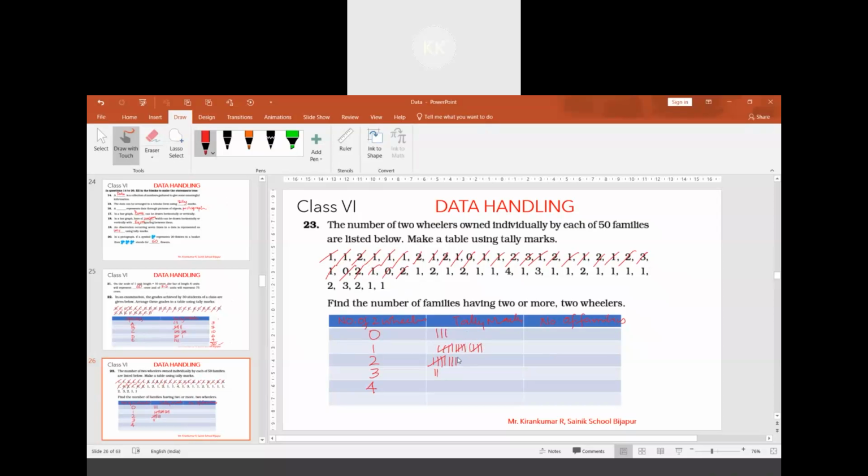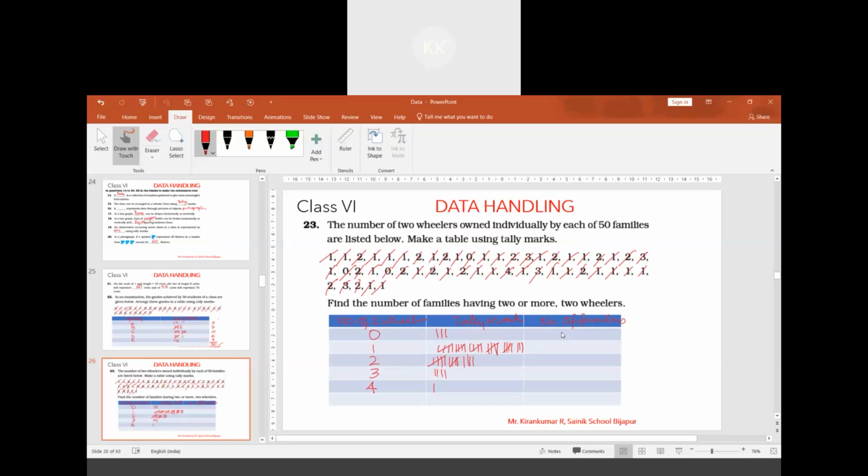Again 1, 0, 2, 2, 1, 1, 2, 1, 2 should be there here. 2, 1, one more 1, 1, 4, 1, 3, 1, 1, 2, 1, 1, 1, 1, 2, 3, 2, 1, 1. Double 2.